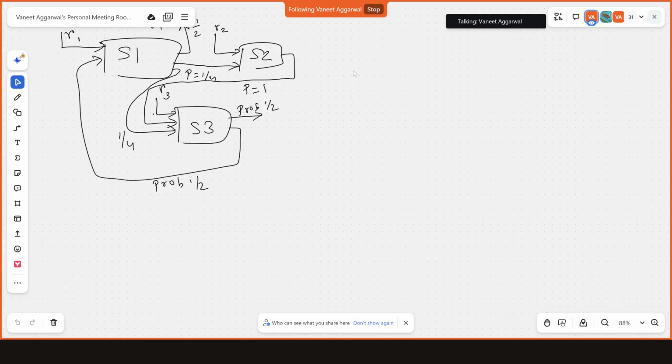So in this case, the P i j's: the probability from the first server to the second one, P 12, is 1/4.